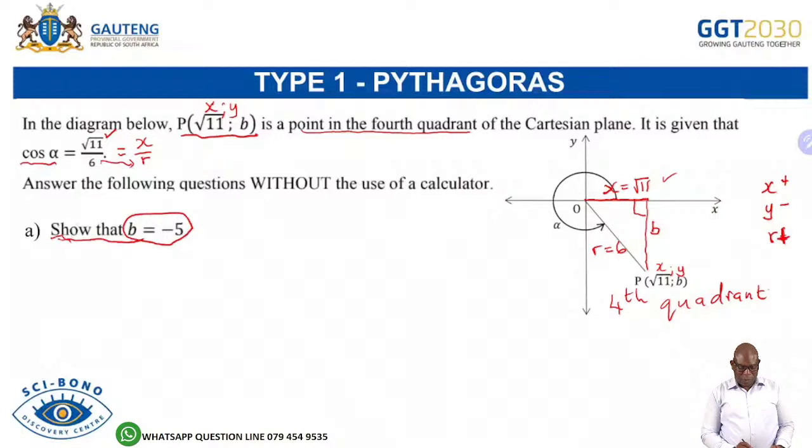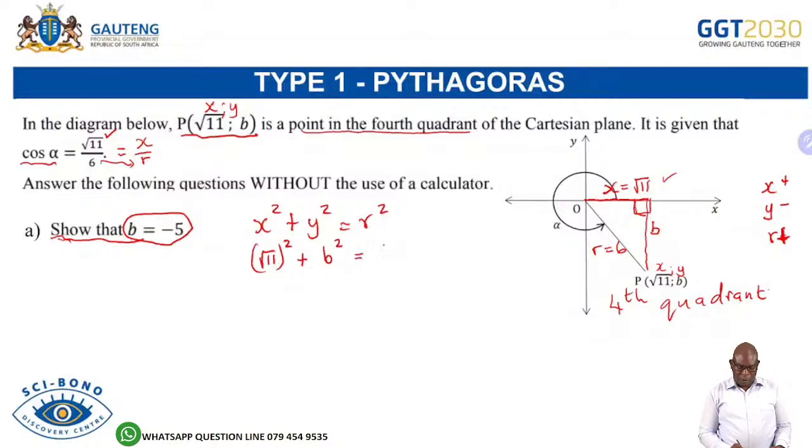So how do I work it out? I'll say x squared plus y squared equals r squared. Why do I use the theorem of Pythagoras? Because of the 90 degrees. Now the x value is the square root of 11, and it must be squared. My y value, I don't know, it is b.